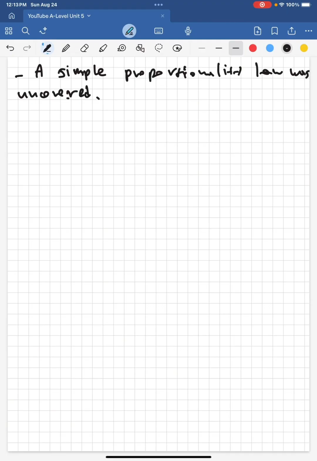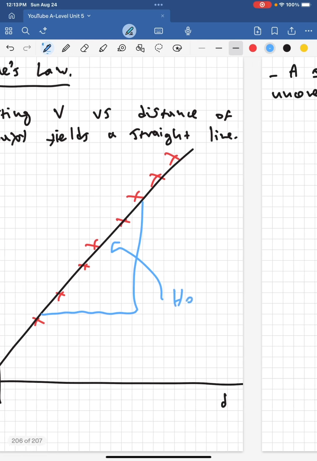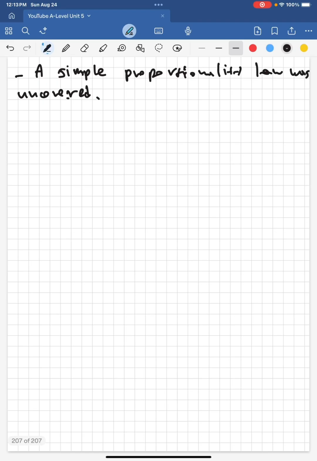And since this is a straight line, it has a slope, right? A constant slope that we can calculate. And this slope is called H0. So V is related to distance with this multiplication factor H0, okay?